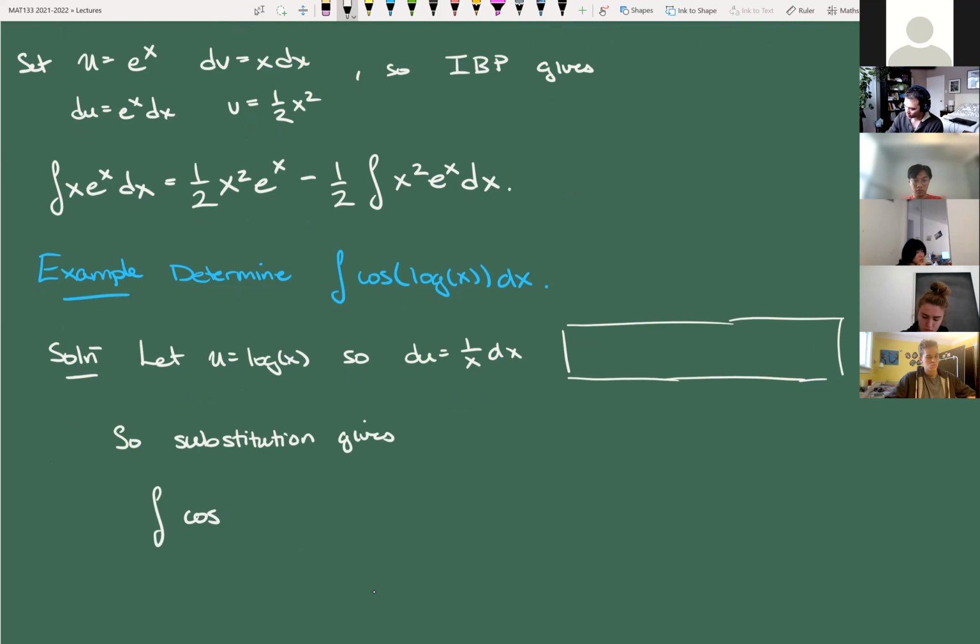So we're going to get cosine. So log x is u. Okay, now here's a problem. I don't have a 1 over x dx here, right? So what do we do? Because I don't have 1 over x.